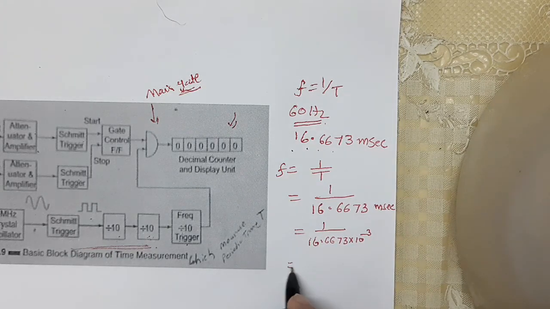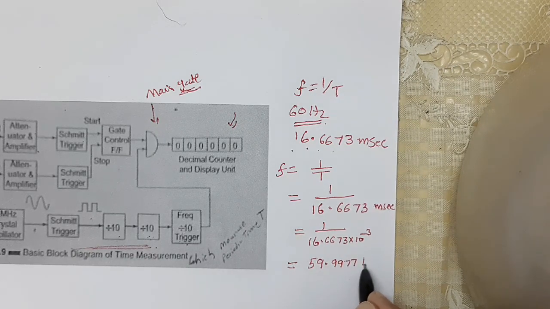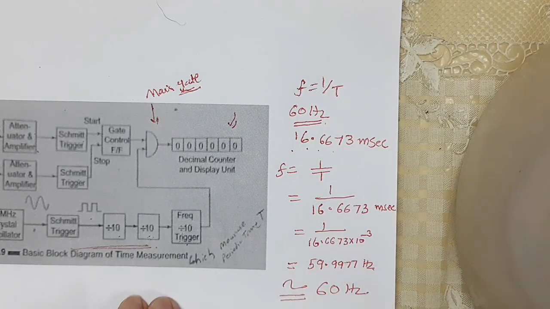This is equal to 59.9977 Hertz, and this is nearly equal to 60 Hertz. So in this way, when measuring the period of 60 Hertz frequency, the electronic counter might display 16.6673 millisecond when the frequency is nearly equal to 60 Hertz.